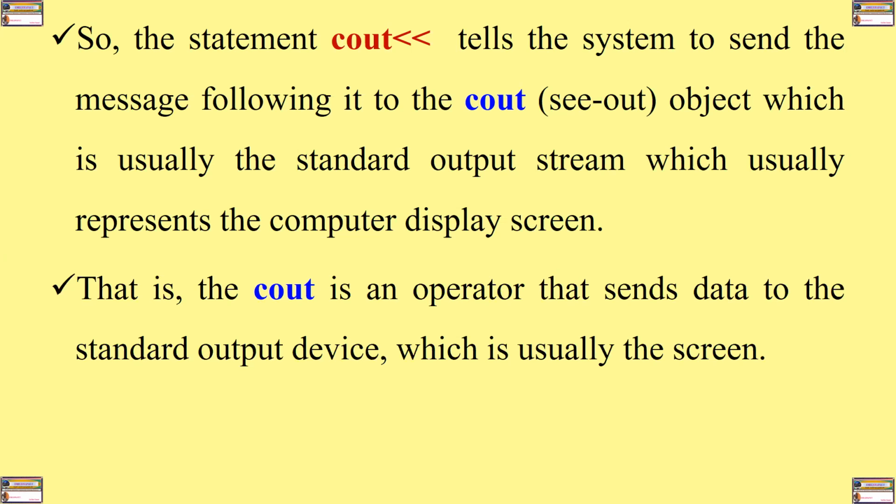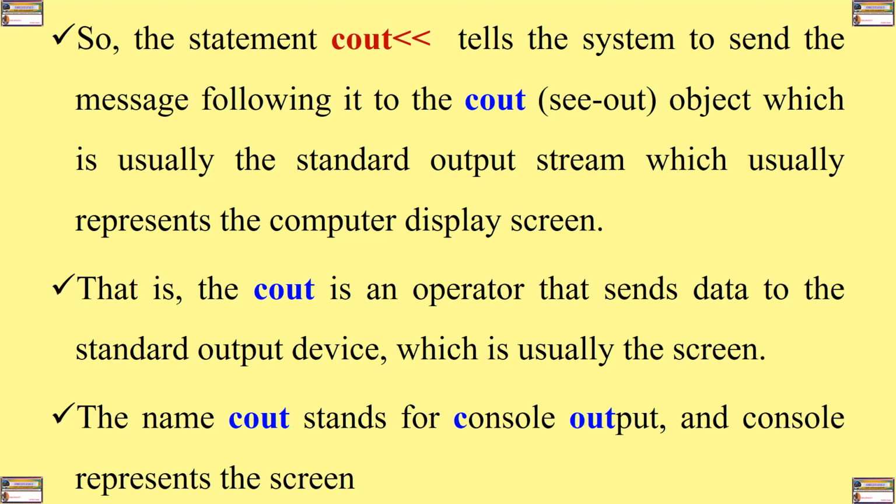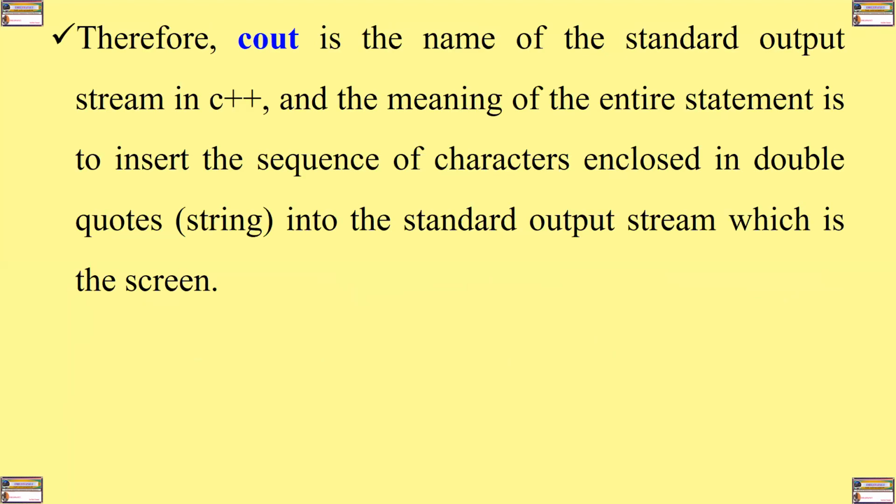That is, cout is an operator that sends data to the standard output device, which is usually the screen. The name cout stands for console output, and the console represents the screen. So c for console, out for output, cout. And that represents the screen or a monitor.